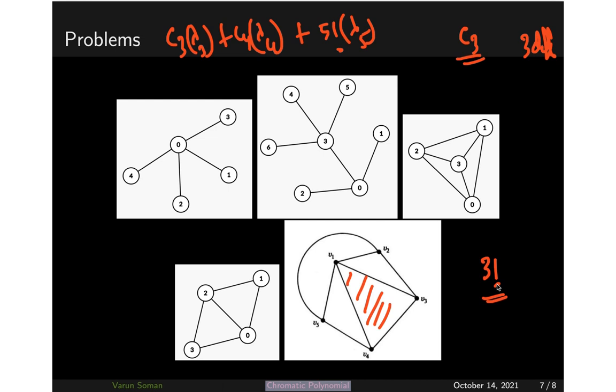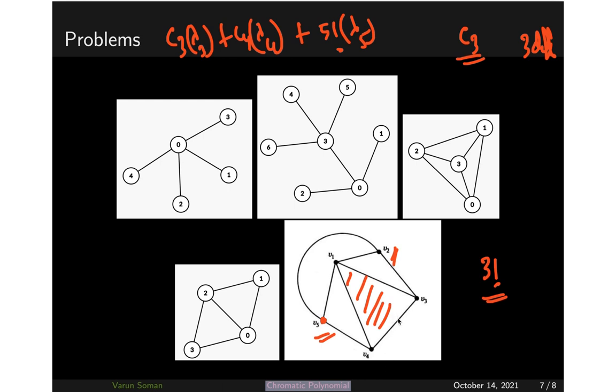Okay, now once I color the triangle, how many options will this V5 have? Now V5 is adjacent to V1 and V4, so those colors could not be given. So definitely you will have to give this color of V3 to V5 itself. So once a color is given to that triangle, V5 would have to carry the color of V3 itself, and V2 in a similar fashion should carry the color of V4 itself.